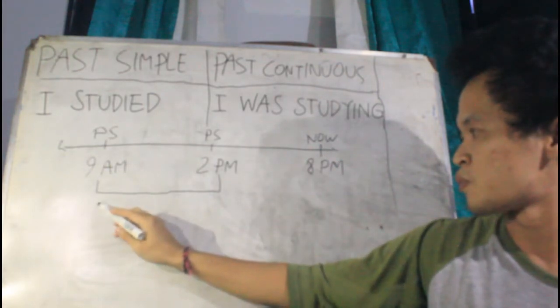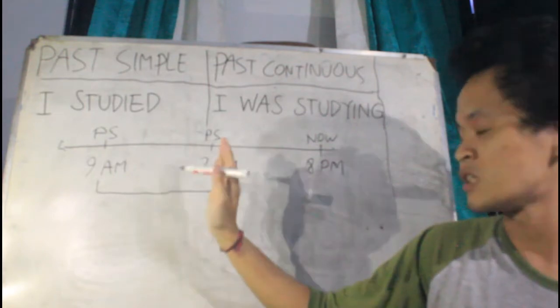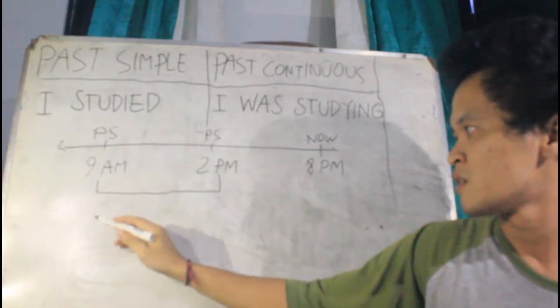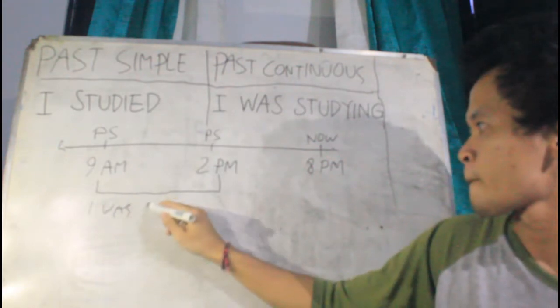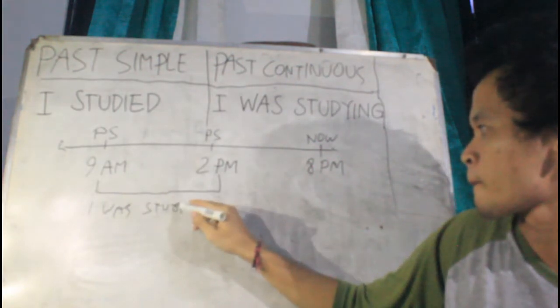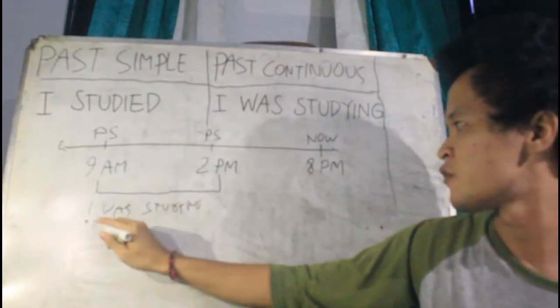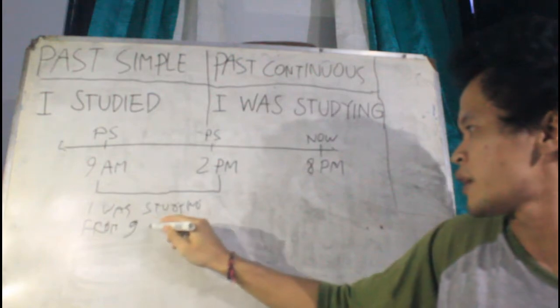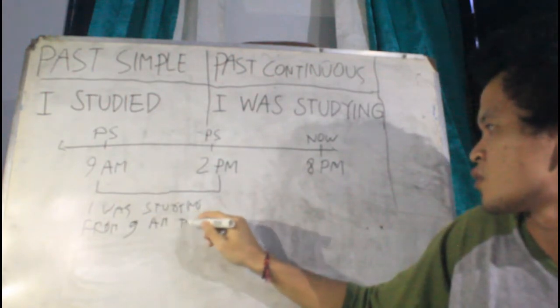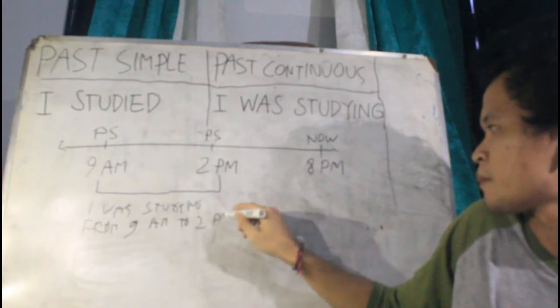This is the progress, so that's why past continuous seems like past progressive tense. For example, I was studying from 9 AM to 2 PM.